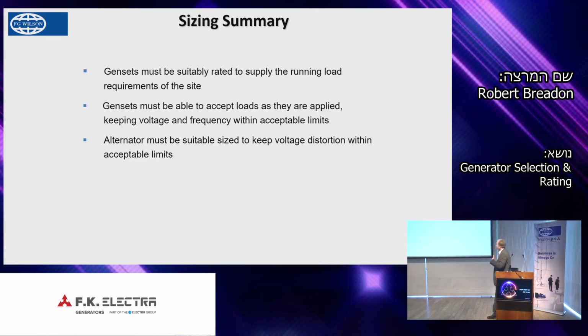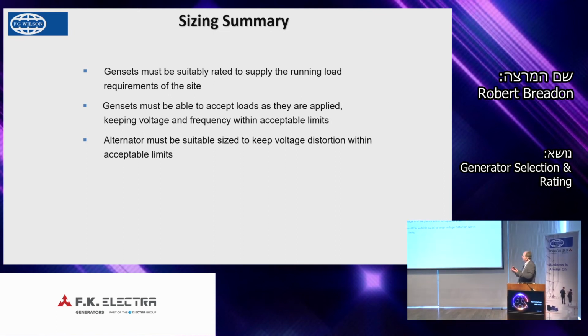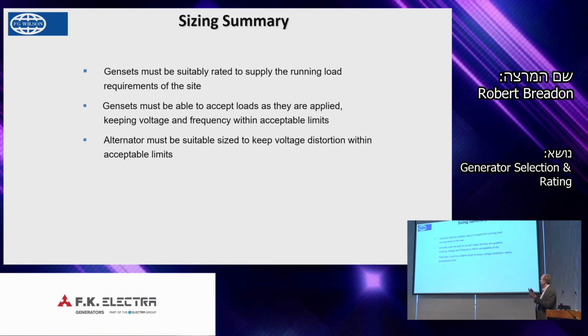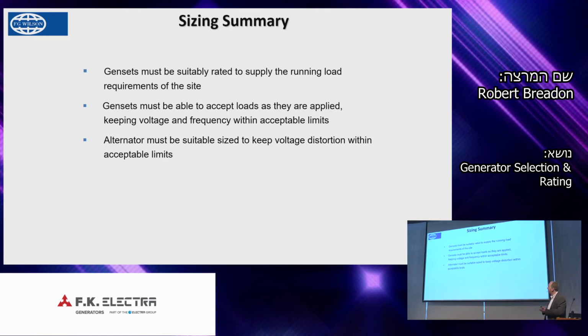So from a sizing perspective, we need to always provide a genset that covers the running load. That's quite a straightforward statement. We need to ensure that the genset will provide the power in a sensible way and keep your voltage and frequency within nice tight tolerances, so that you're not seeing lights dipping as the load goes on, or causing other issues with other parts of your equipment dropping out.